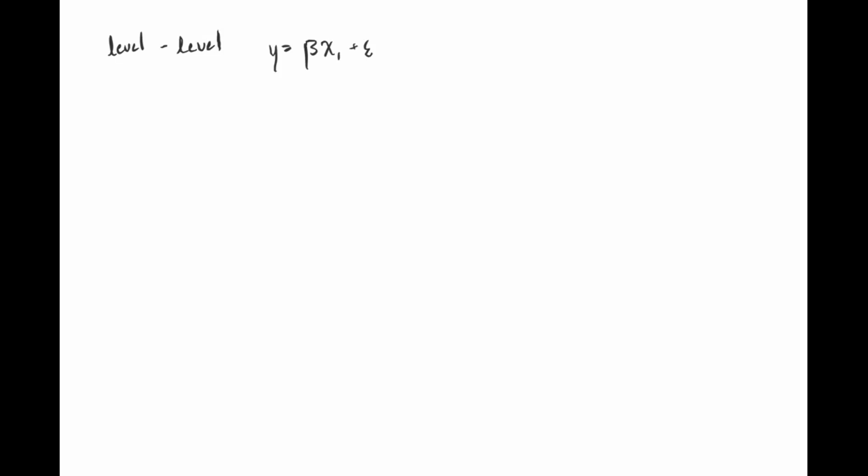And what this tells you is as x increases by 1, then y will increase by beta. Hopefully everyone's able to follow this, right? It's basically just your slope. So if I add 1 to my x, then my y is going to increase by beta.